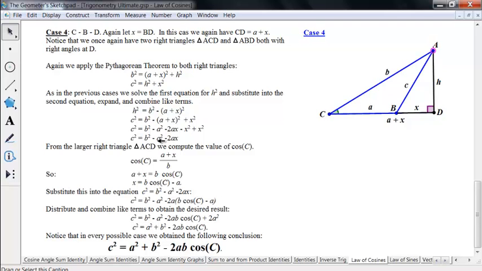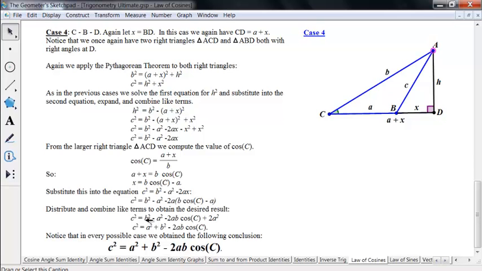Now we've got to put that back up here. Let's see, where are we? Where the x is, put b cosine of c minus a in place of the x. So we've got c squared is b squared minus a squared minus 2a times the x, which is b cosine of c minus a. Alright, we've got to do a little work here.